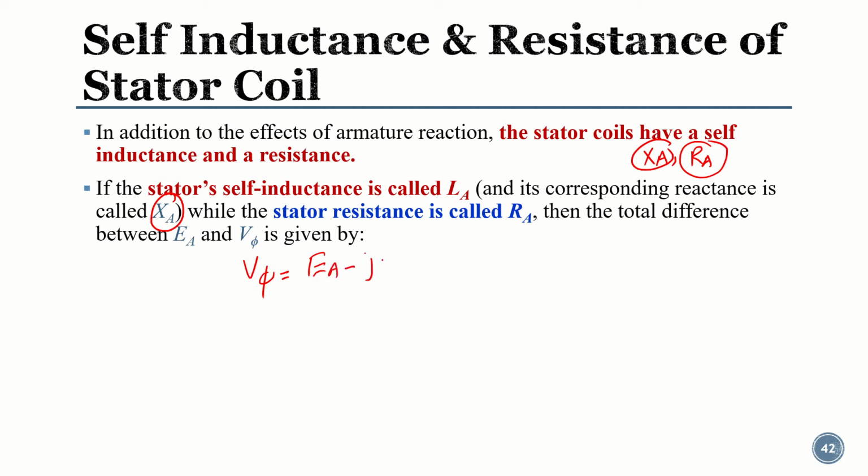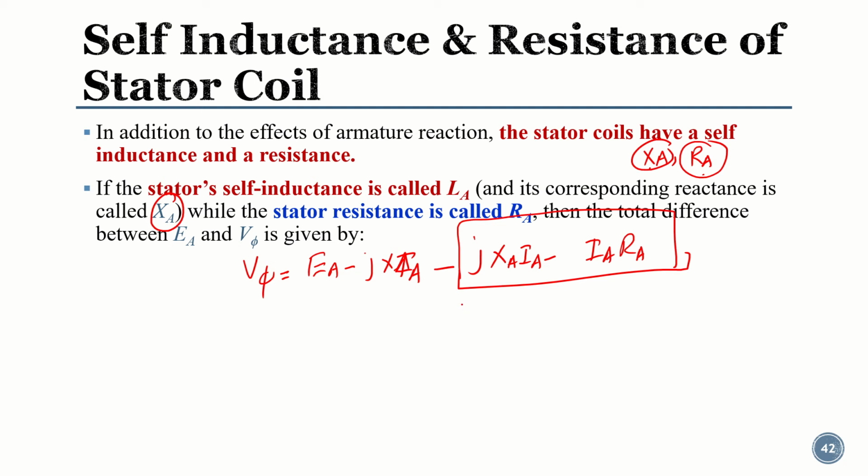EA minus this armature reaction drop times IA. There will be some drop across this inductor reactance times IA, and there will be some drop across this resistance. That is the effect of the stator self inductance and self resistance, so that drop will also be subtracted.